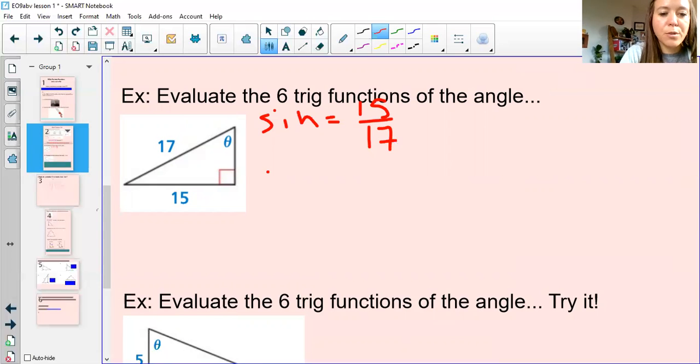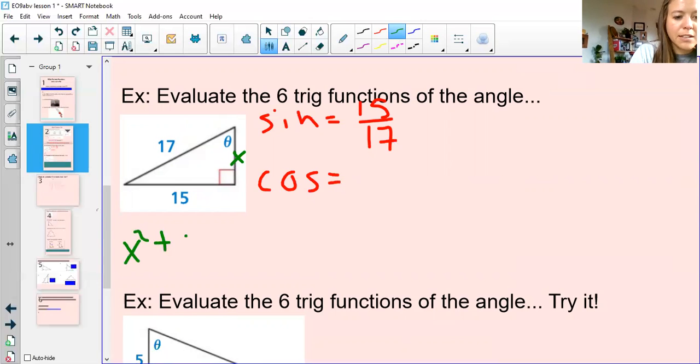All right, now let's do cosine. Cosine is adjacent over hypotenuse. The problem is we don't have the adjacent, but we can solve for it. We all remember the Pythagorean theorem, right? If I call this x, I can say that x squared plus 15 squared is equal to 17 squared.